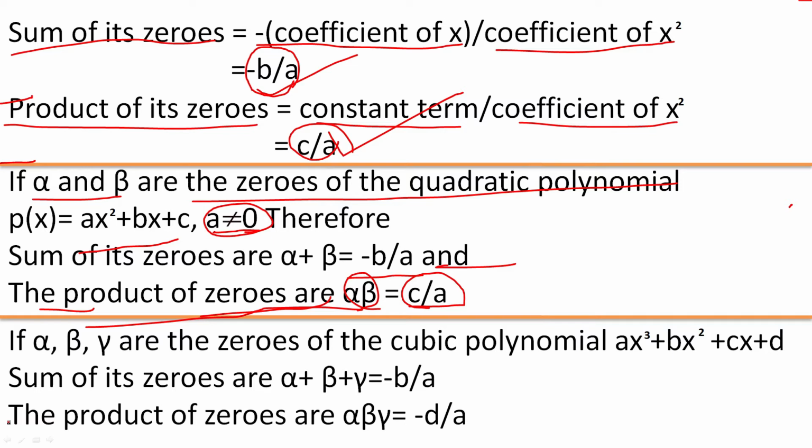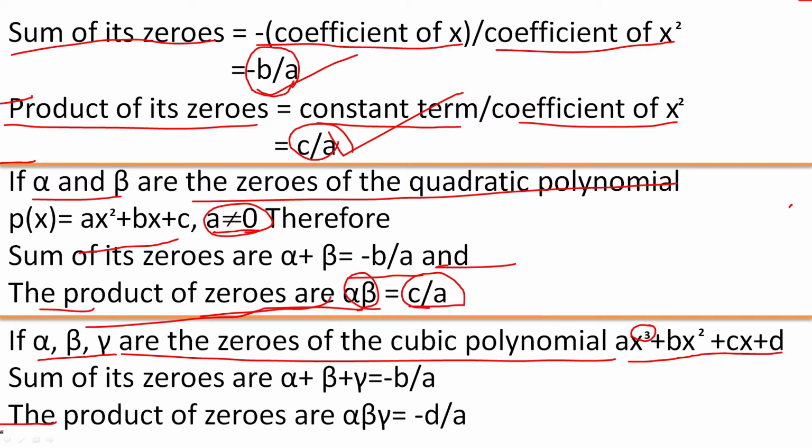If there are three zeros of the polynomial, that is actually a cubic polynomial, alpha, beta and gamma are the zeros of the cubic polynomial ax power 3 plus bx square plus cx plus d, this is the standard form of the cubic polynomial. So here the power is 3, so it is called a cubic polynomial.